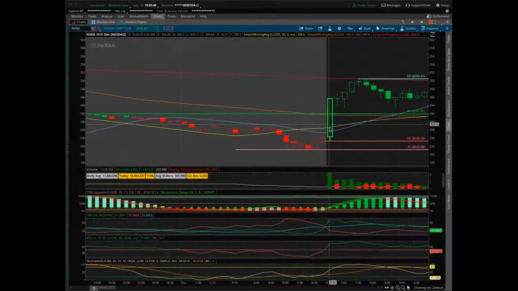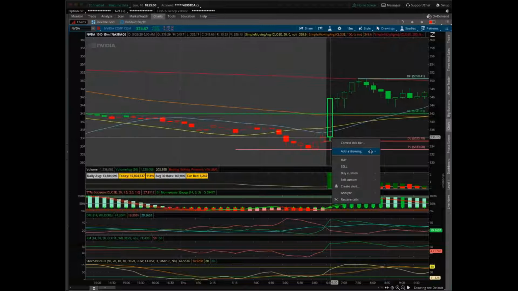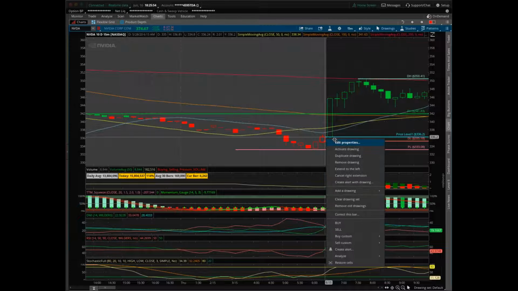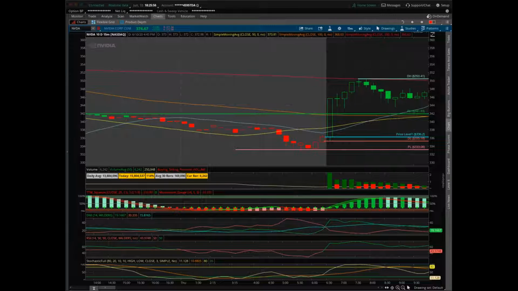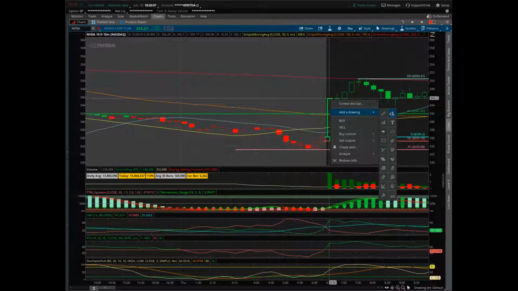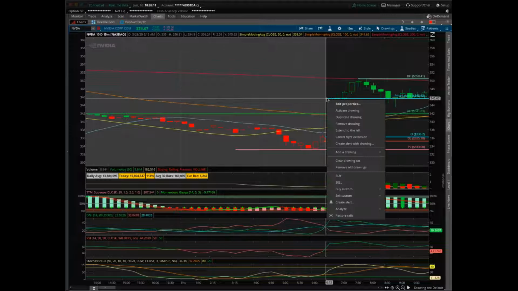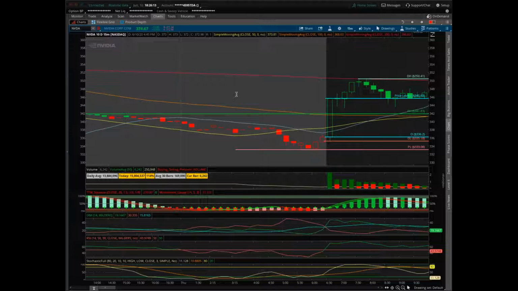All right. Now our first candle, we have our open here. So that's going to be our open. And then our first candle's close is going to be here. That's going to be our close.